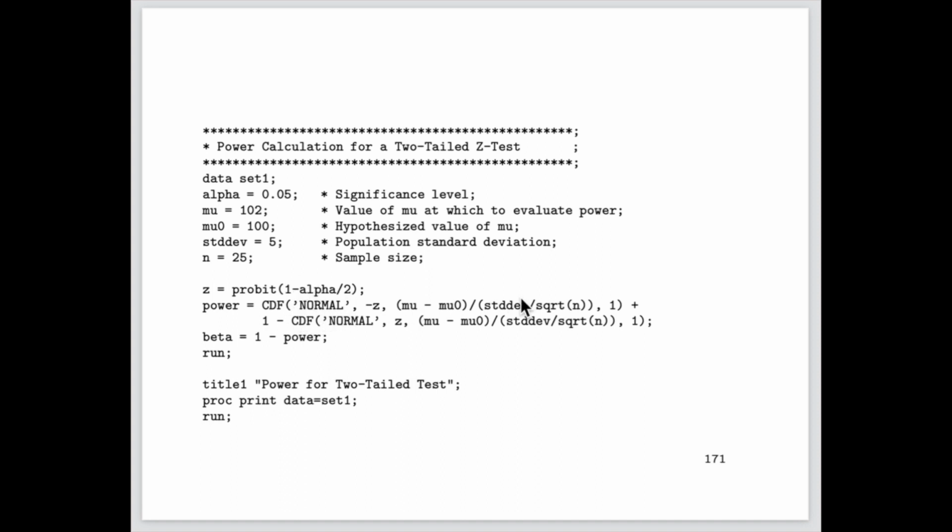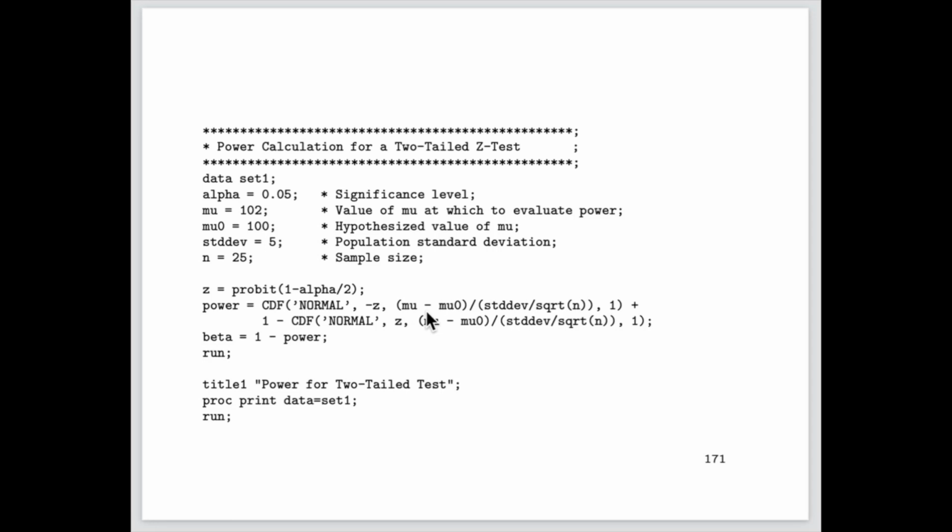The second argument is the value at which we want to evaluate the CDF. Remember, CDF stands for cumulative distribution function. The next argument is the mean of the distribution, in this case, the mean of the normal distribution.